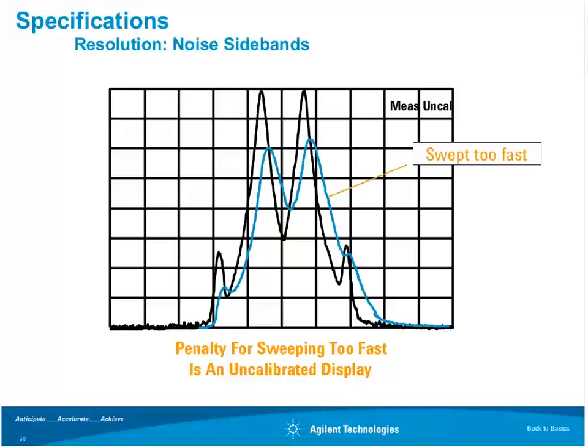At this point you might be thinking, well, if narrow filters give us better resolution, why not always use a really narrow filter? That would give you good resolution. The price you pay for that is that the sweep time slows down dramatically. In fact, for every 10 times change in bandwidth, your sweep time goes up by a factor of 100.